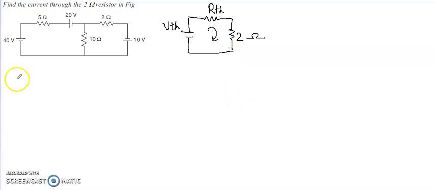So now we are going to find the VTH and RTH. To find the VTH, initially we have to remove the load resistor. That is the first step. So we can draw the circuit.